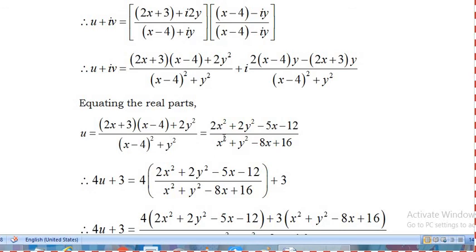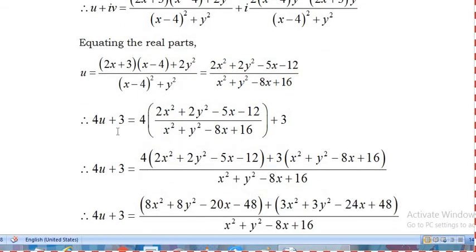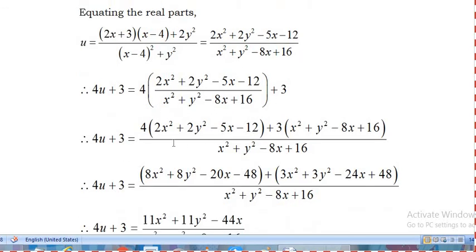That is 2x² + 2y² - 5x. So minus 8x plus 3x is minus 5x, and minus 12, divided by x² + y² - 8x + 16. Just now we saw the equation involves 4u + 3, so that is equal to 4 times the value of u plus 3. Let us simplify.